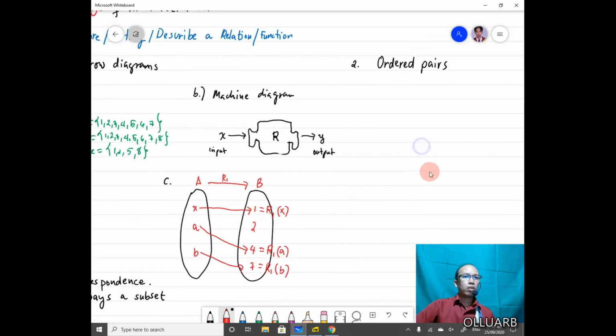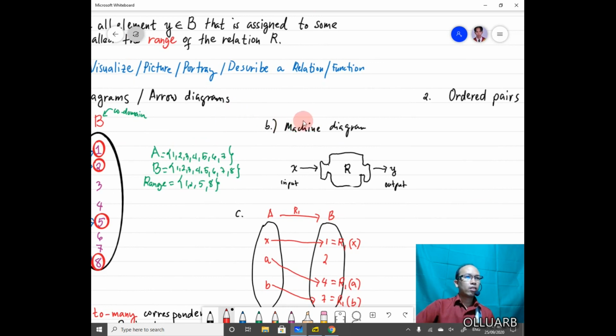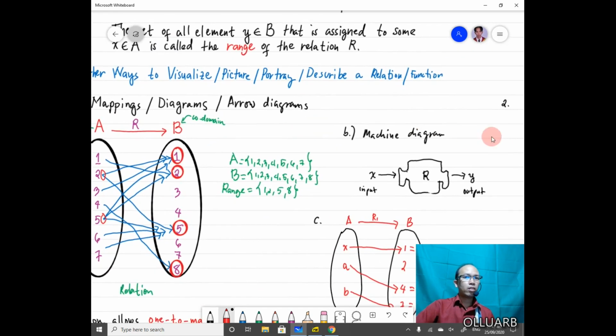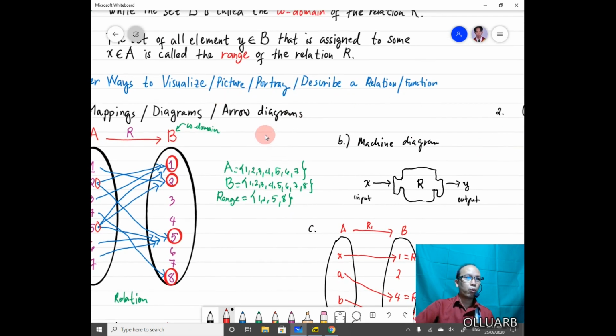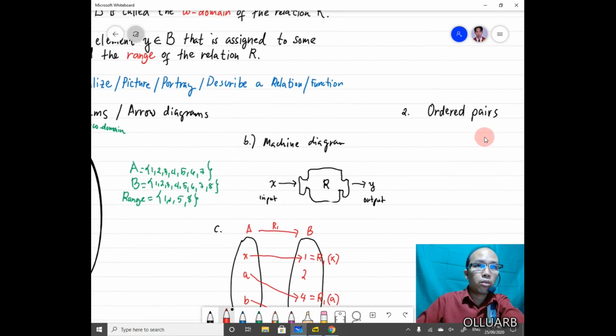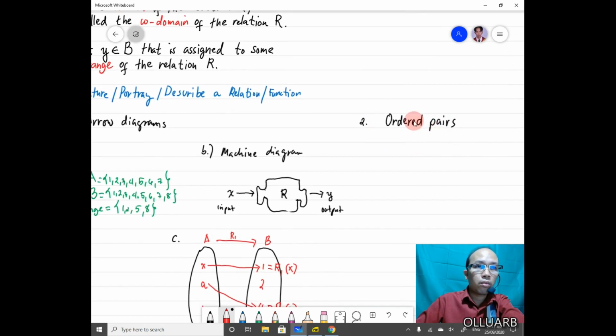So for the second way, which is ordered pairs, this is also a way on how to visualize or to portray or to describe a relation or a function. You can use this concept, ordered pairs.